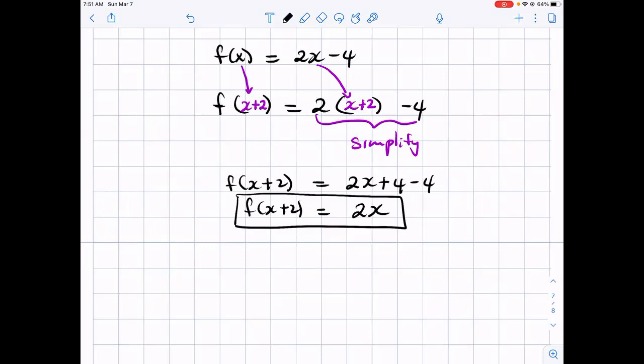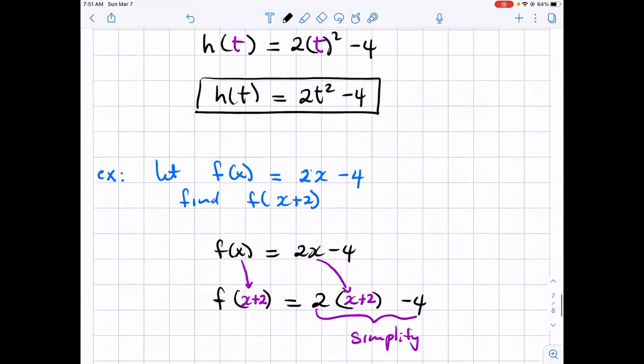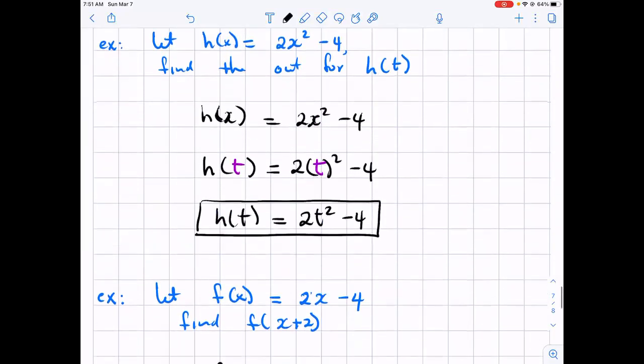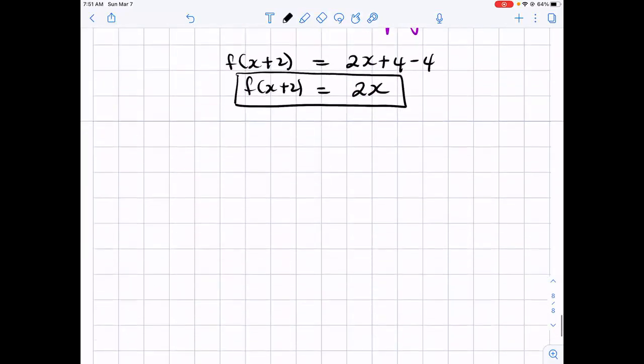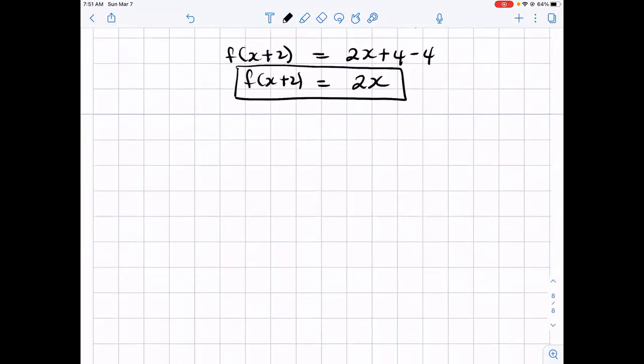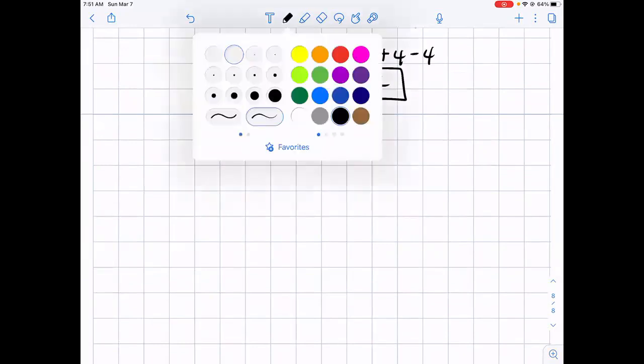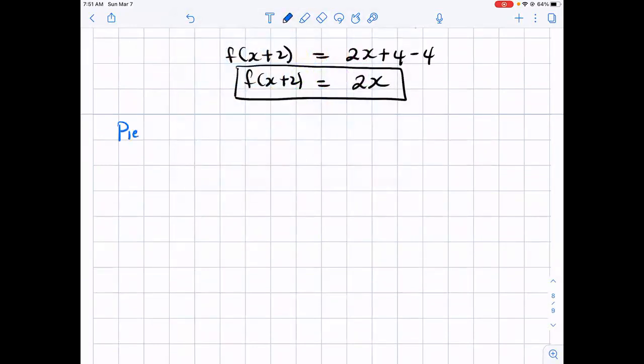These are just some simple functions that we're evaluating, where we're plugging in specific values for our inputs. Now, there's also something that's called a piecewise function. Basically, a piecewise function is just a function that's made up of different pieces of graphs or equations.